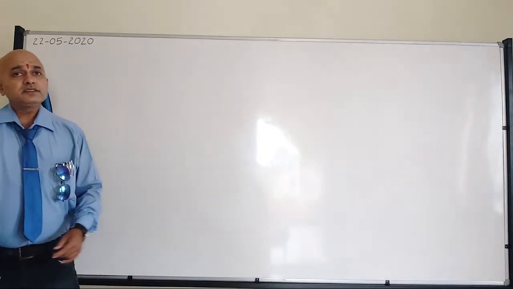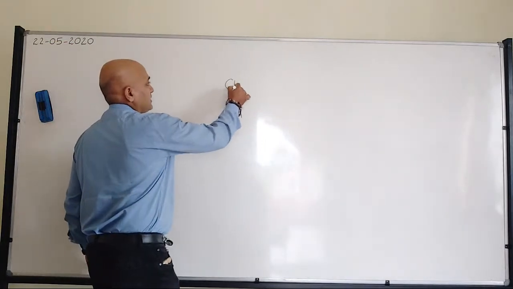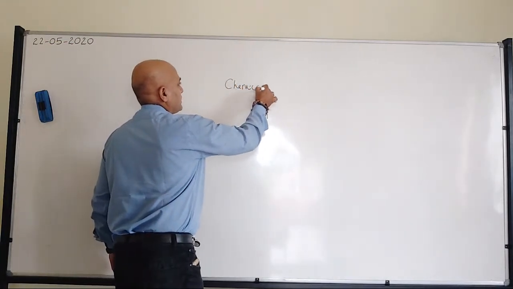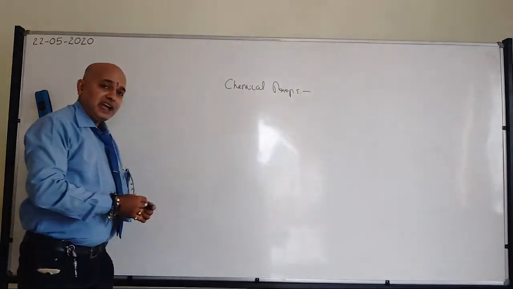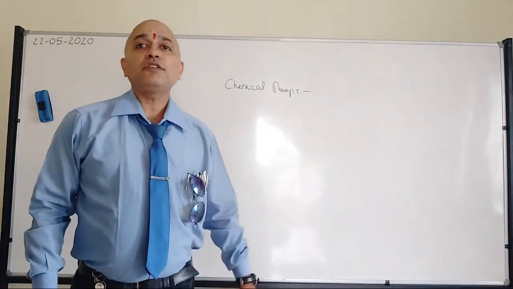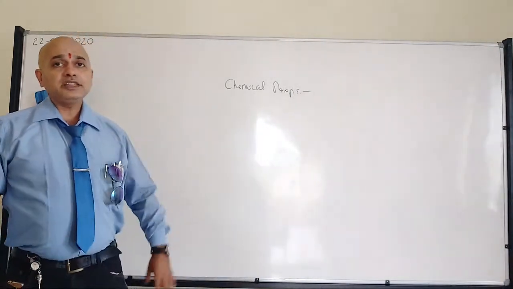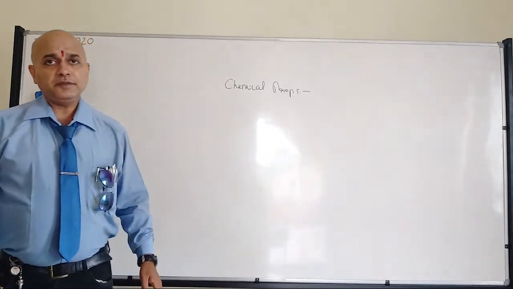Fine? So now with respect to reactions, chemical properties. Many reactions I am going to tell which you can include in the anomalous properties of fluorine. You can include even these things. Okay? Whichever you remember, that one you can write down.